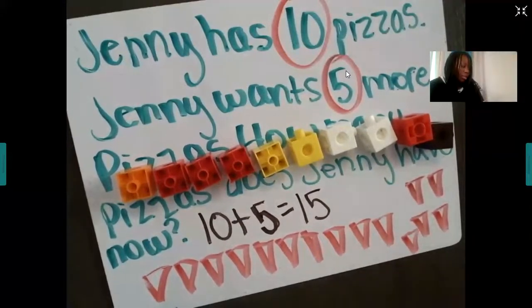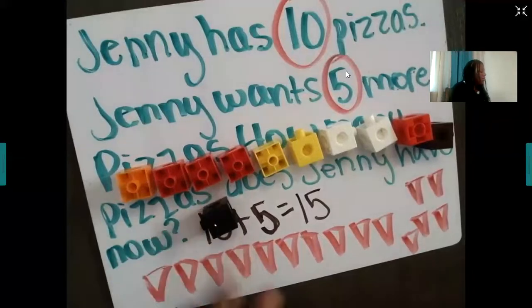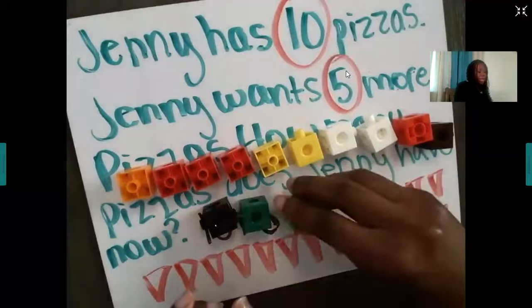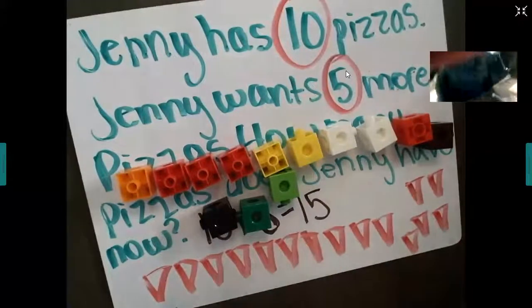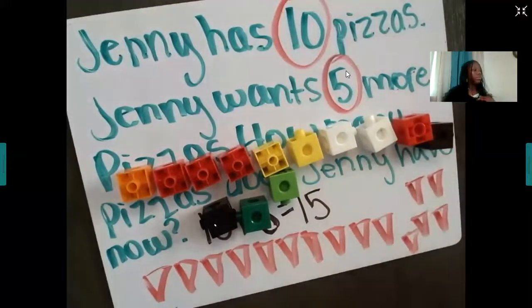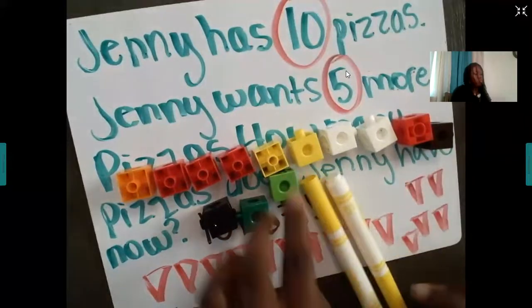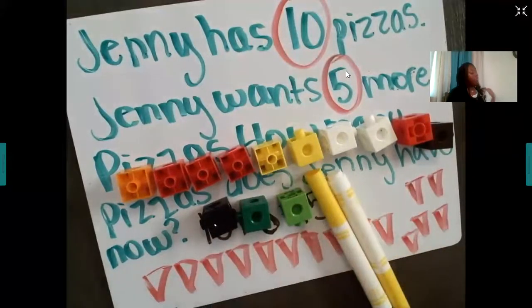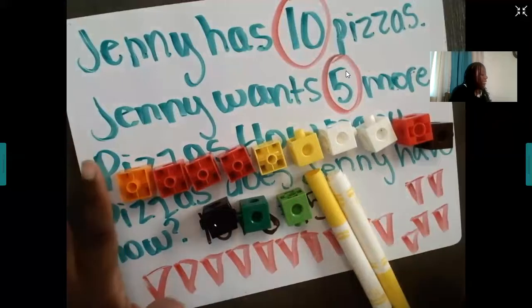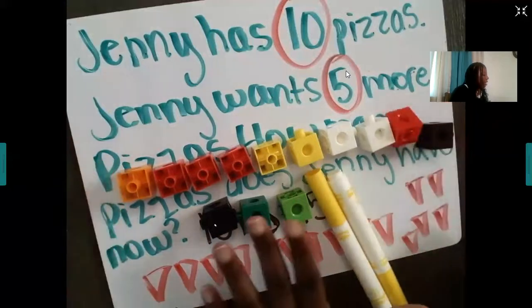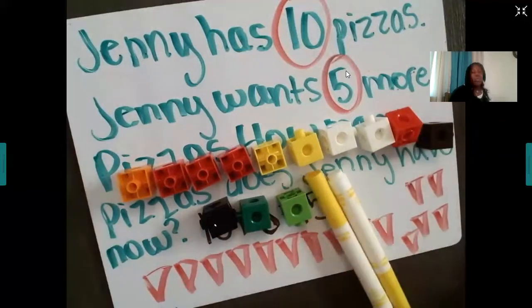Uh-oh, I lost some cubes. Now I'm going to add 5 more for Jenny. 1, 2, 3, 4, 5. Use markers. I ran out of cubes. Okay, so 10 cubes plus 5 equals 15.